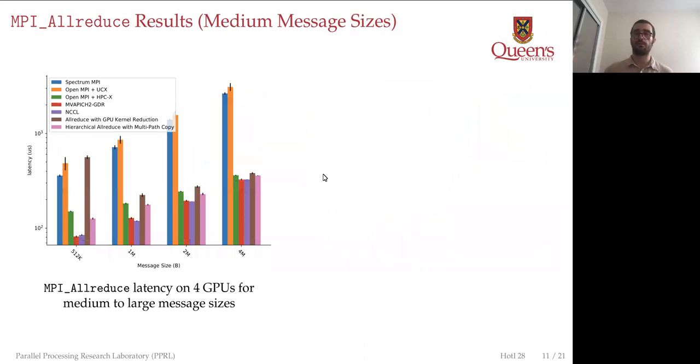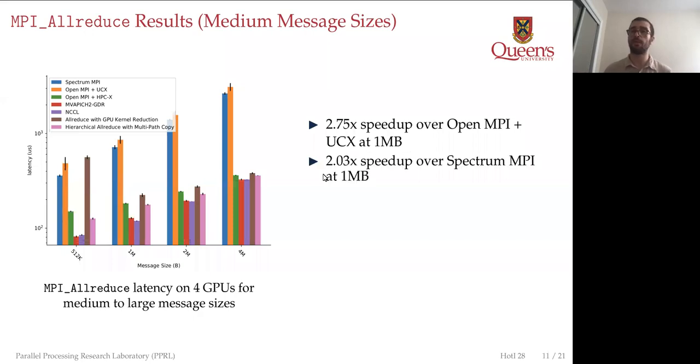So now that we've evaluated a design at the point-to-point layer, let's move up to the collective layer. So we are going to go with these message sizes from 512 to 4M. And we can see 2.75 times speed up over OpenMPI plus UCX at 1 megabyte. And then we see 2.03 times speed up over Spectrum MPI.